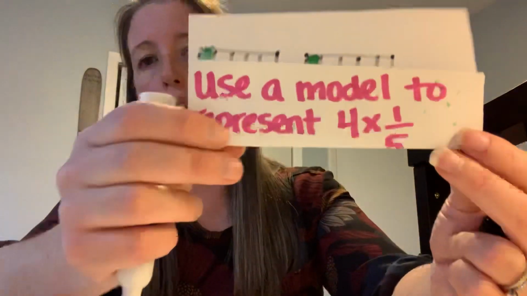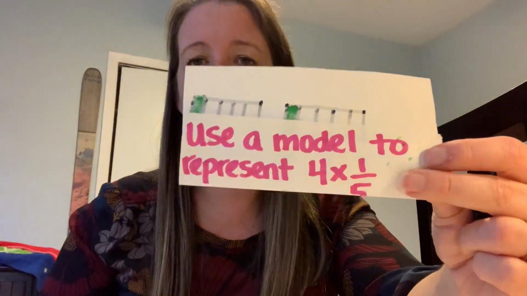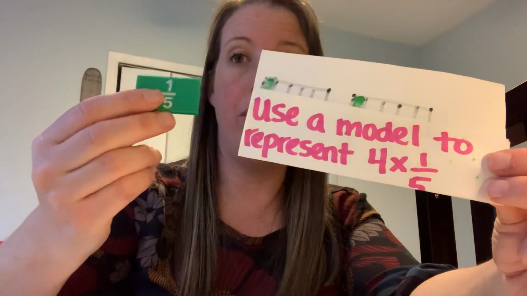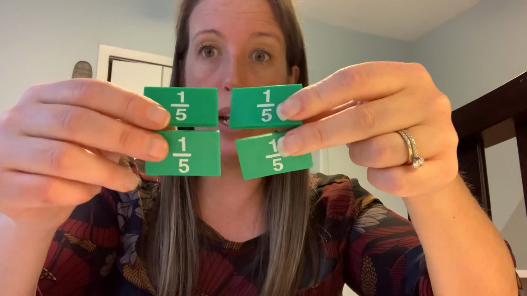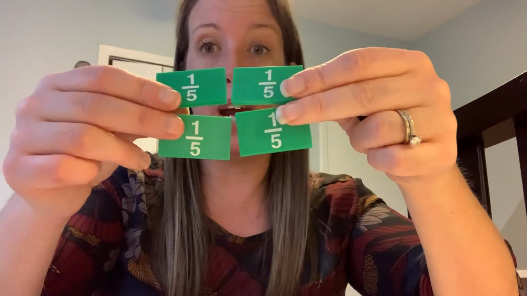So let's try one more. Let's try 4 times 1/5. That's a 5 under there. 1/5. 1, 2, 3, 4. Sorry, it's hard to hold them up for you. But here I have 4 1/5 pieces when I count them up. This is repeated addition. 1/5, 1/5, 1/5, 1/5. What do I have in total? 4/5.